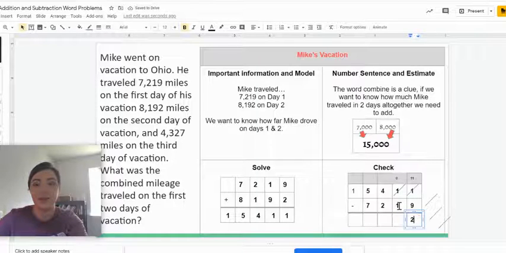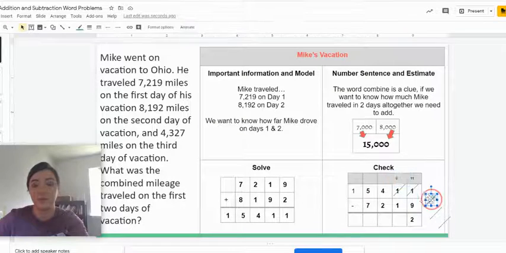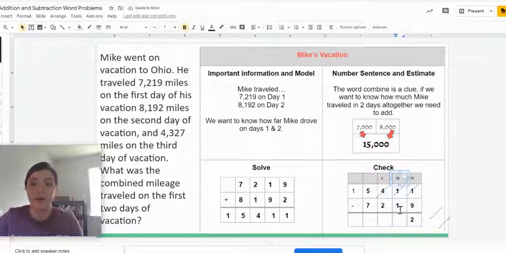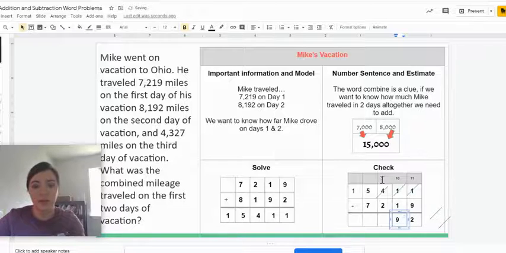I can't take away 1 from 0, so again I have to borrow. My 4 turns into a 3. My 0 is now a 10. Now I can take away 1 from 10. 10 minus 1 is 9. I can take away 2 from 3 because 3 minus 2 is 1.